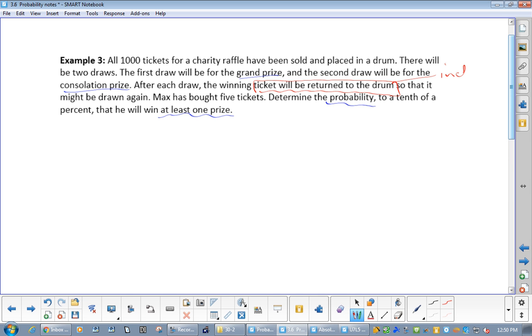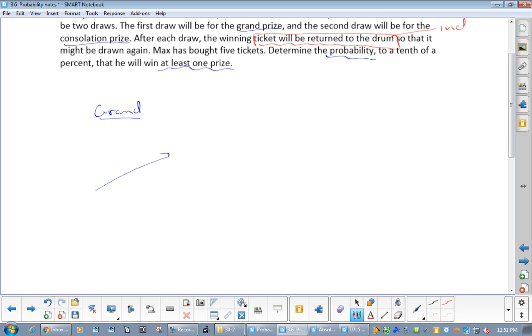Okay, that also means plus: I win both, or I win grand and lose consolation, or I don't get grand and get consolation. So, here's grand.